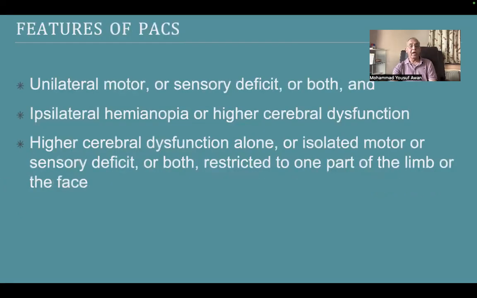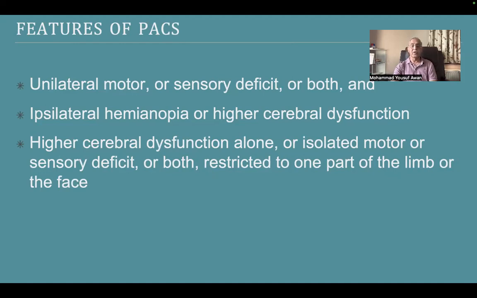The partial anterior circulation syndrome, partial meaning either the anterior cerebral artery or the middle cerebral artery is involved, will result in unilateral motor or sensory deficit, or both, and contralateral hemianopia or higher cerebral dysfunction.